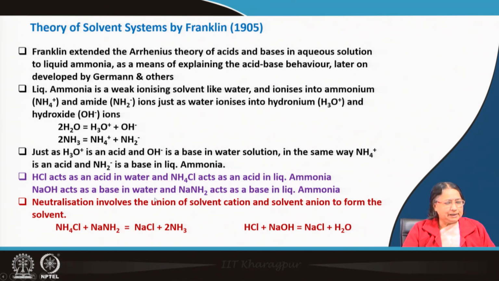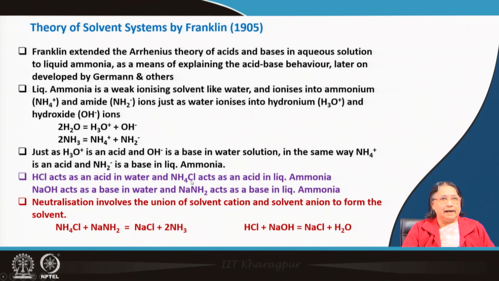For example, HCl, we know, acts as an acid in water, and ammonium chloride acts as an acid in a very similar way in liquid ammonia. HCl gives H plus ion in water medium, that is why it is an acid in water, and ammonium chloride in liquid ammonia gives NH4 plus. So, it is an acid.